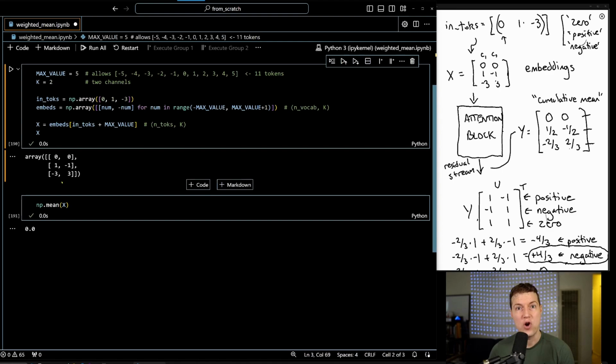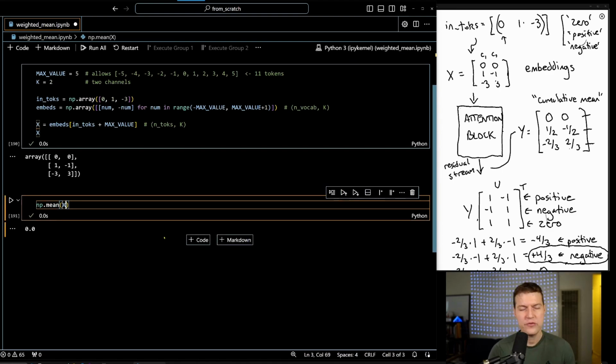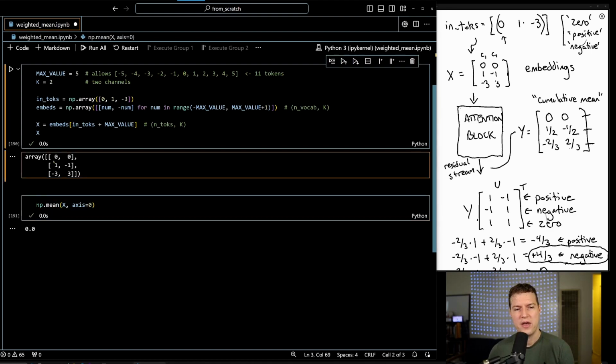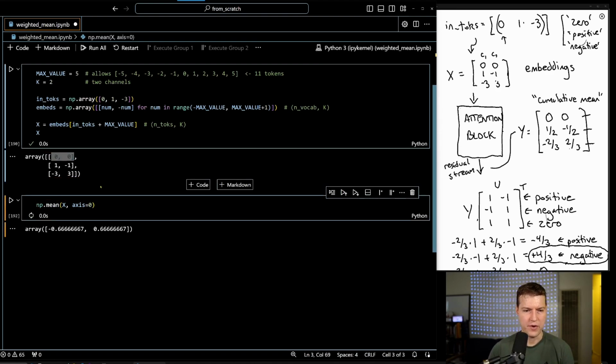So I want to take the mean across the rows. In future videos, we're sometimes going to have 5-dimensional matrices, so it's important to be able to work with axes very fluently. When I say across, I mean that we're basically going to collapse that axis, and we'll be left only with the 2 dimensions of the columns, as you can see right here.